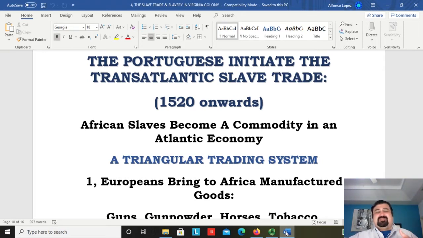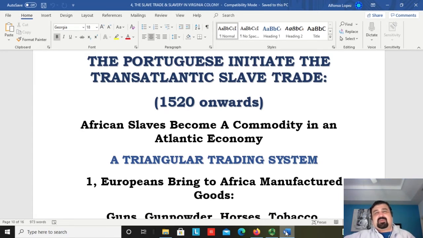But as we'll see, they're not just going to be growing sugar. There will eventually be other kinds of agricultural enterprises, other kinds of cash crops that will be introduced in the Americas, that the African slaves are also going to be very much engaged in producing as well. So it got started with sugar, that's for sure.